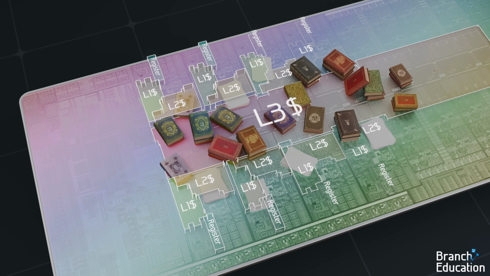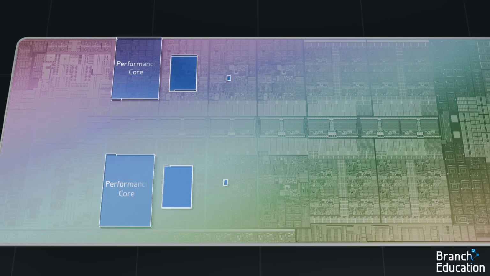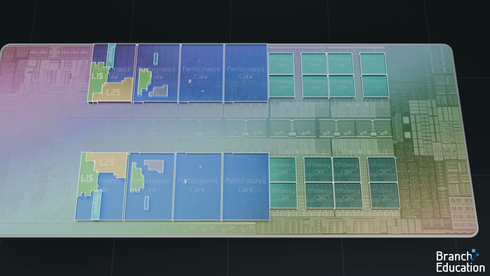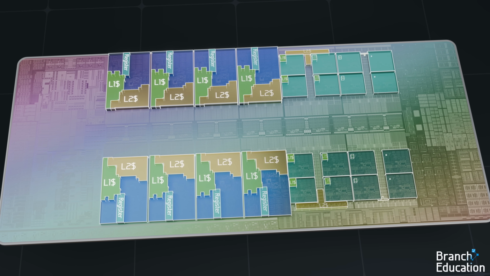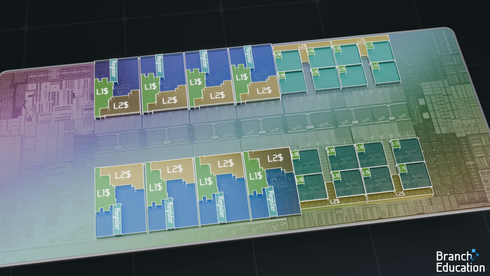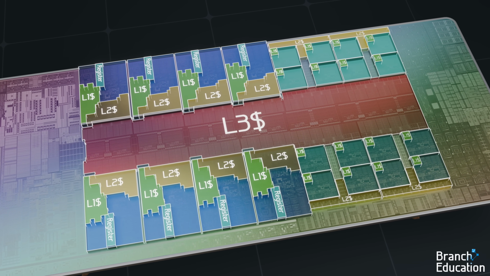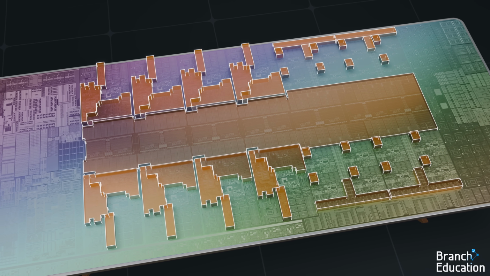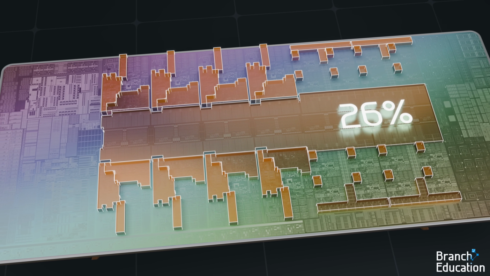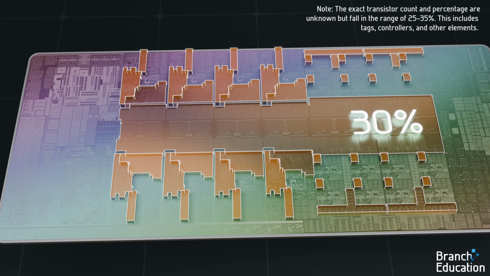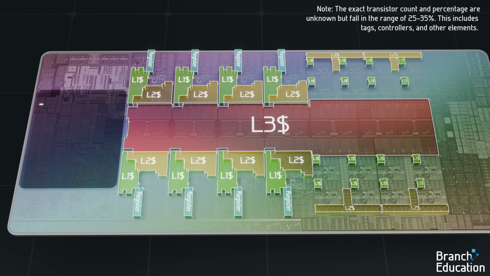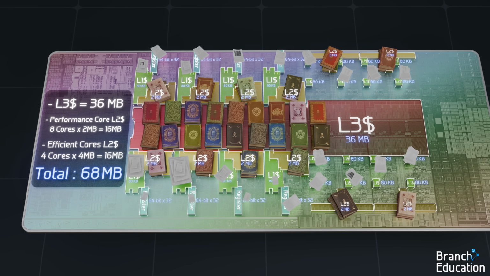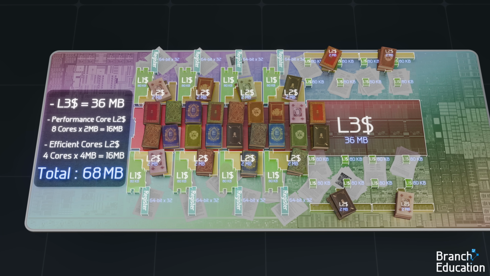The CPU is divided into 8 performance cores and 16 efficient cores, with the registers, L1 and L2 cache divided between each of the cores, whereas the L3 cache is shared among all of the cores. All these memory locations take up approximately 30% of the area of the actual CPU die, and in total, 68 megabytes or books can be stored, as well as sundry pages for the registers and L1 caches.